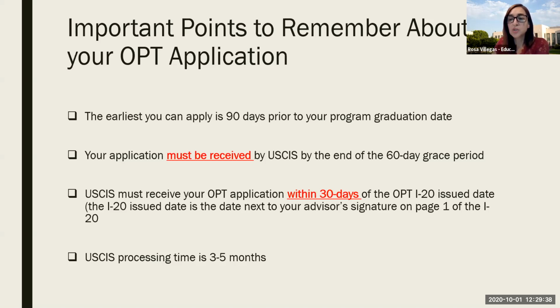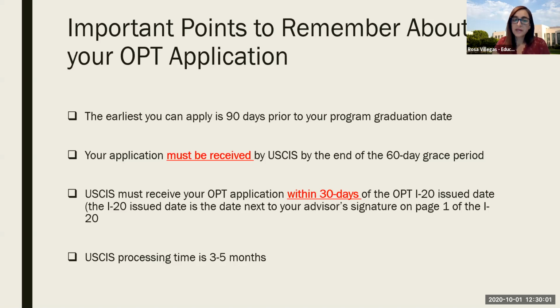We can definitely do it if it's before you mail it in. If you already mail it in, there's nothing we can do. We just have to wait and see what USCIS says. They may reject your application and send it back, or they may take it and deny it. So please, please keep this in mind.